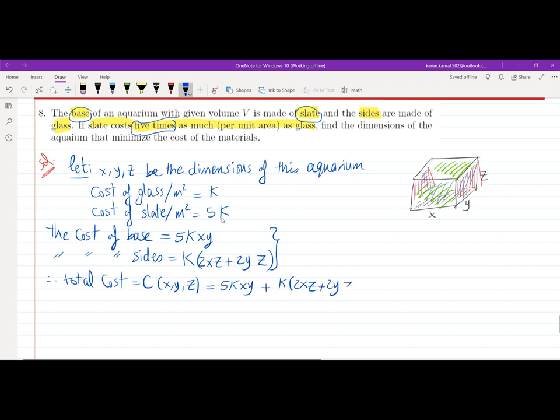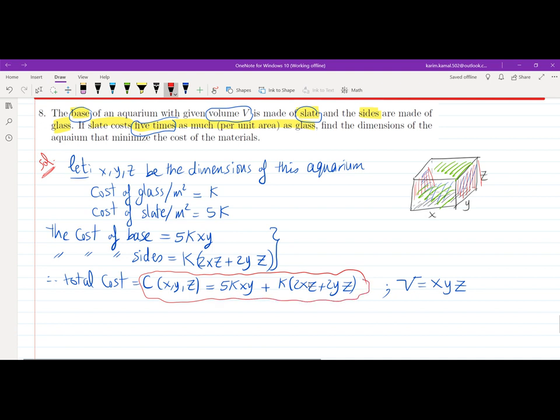And the other information that we have here is the volume, V, which is equal to x times y times z. And the cost is the function to be optimized. And from this equation, we have to use it also.